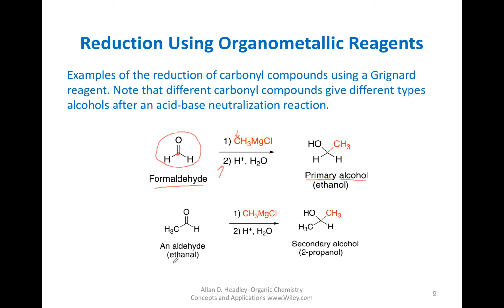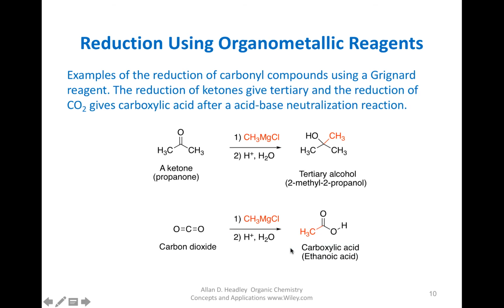If you react an aldehyde with a Grignard followed by hydrolysis, what you get is an alcohol, but a specific type of alcohol known as a secondary alcohol. Recognizing these as primary or secondary will be very important when we do the applications of these reactions.